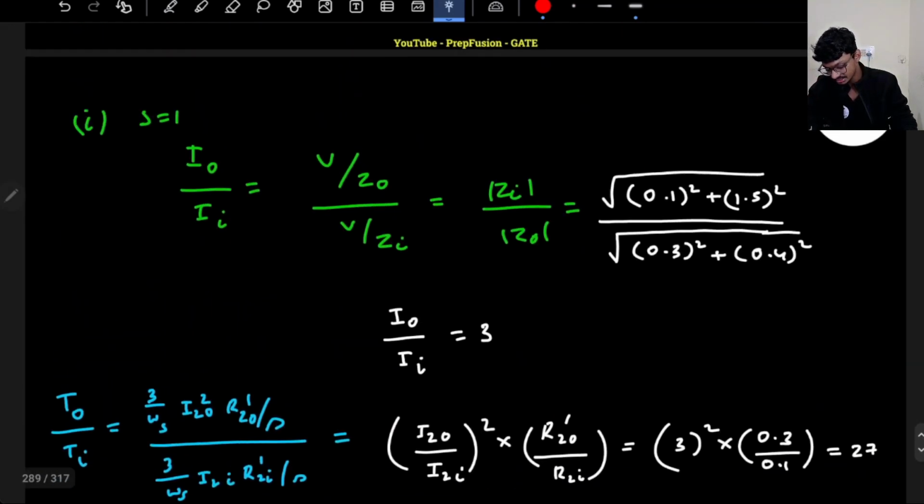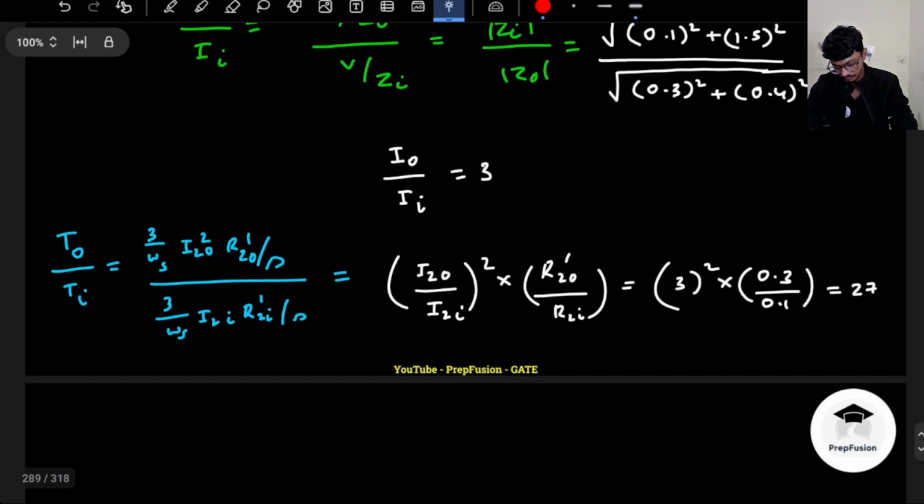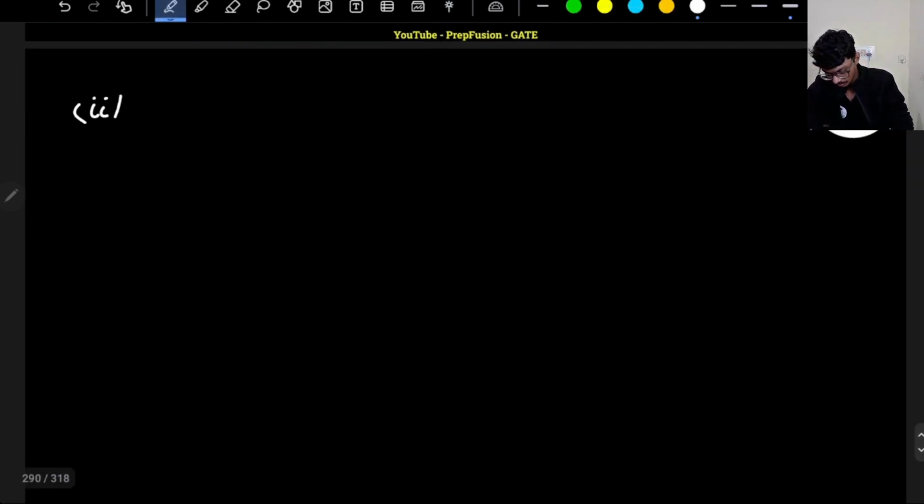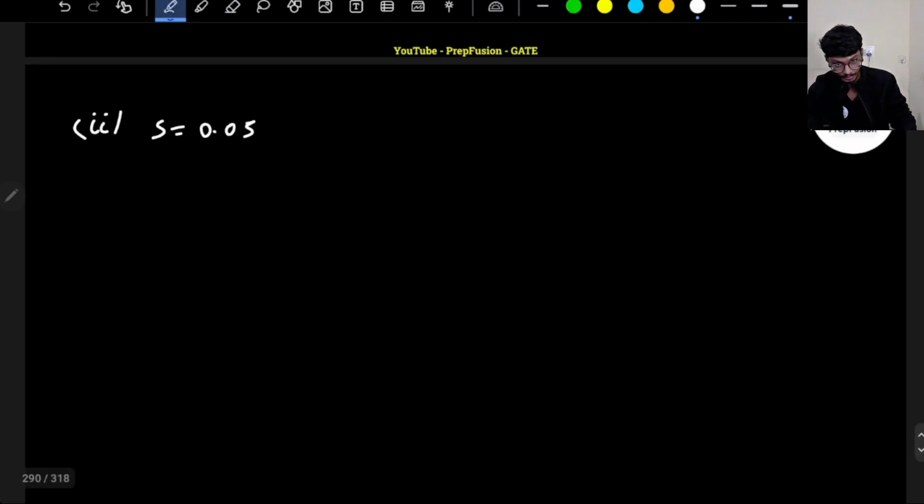Now let's repeat this experiment at full load. Calculate the same ratios, outer to inner cage current and outer to inner cage torque, at slip equal to 5%, that is generally at full load. So when slip is 5%, that is 0.05, what will be happening?